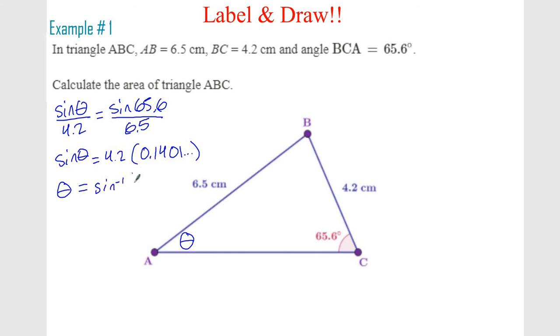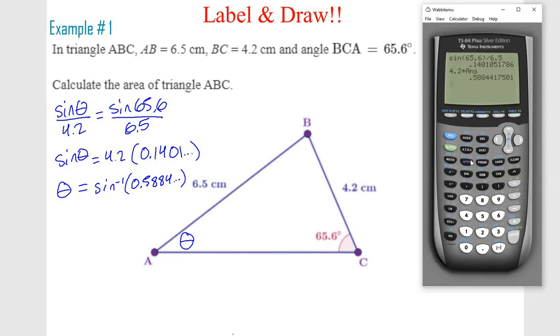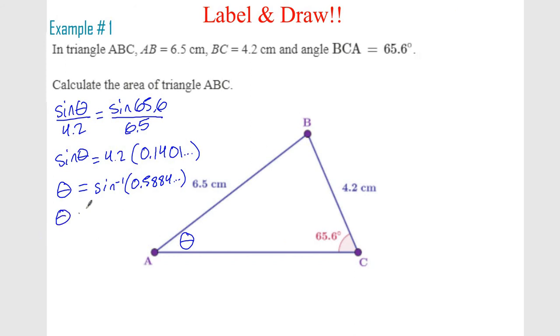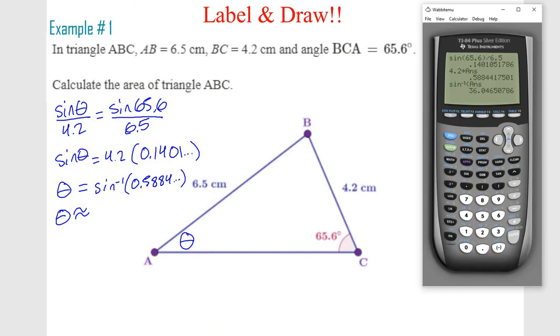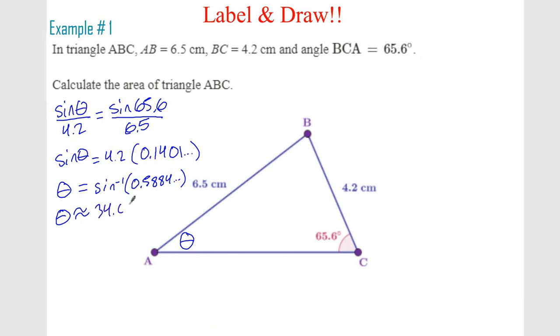So the inverse sine of 0.5884 and a lot of stuff. Then we do second sine of our answer, and we get 36.046, blah, blah. Okay. Well, if we do it, let's see, 34.0465 dot, dot, dot.